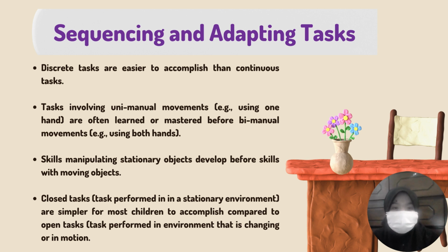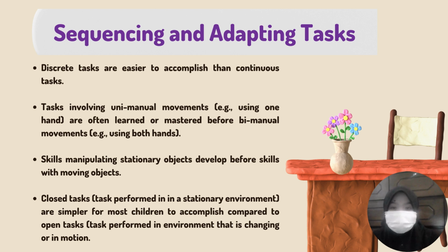So it's better for us as therapists or parents, in teaching them new skills, especially motor skills, to break the task down into smaller parts instead of giving them a whole chunk.